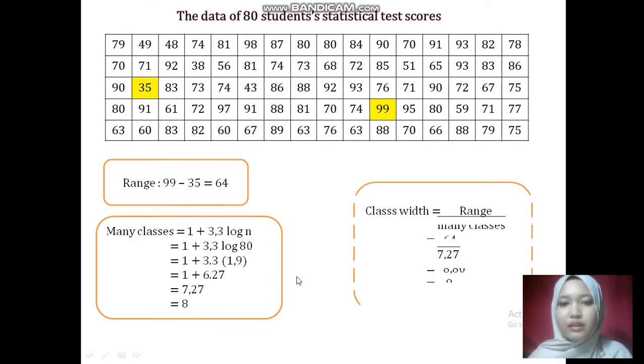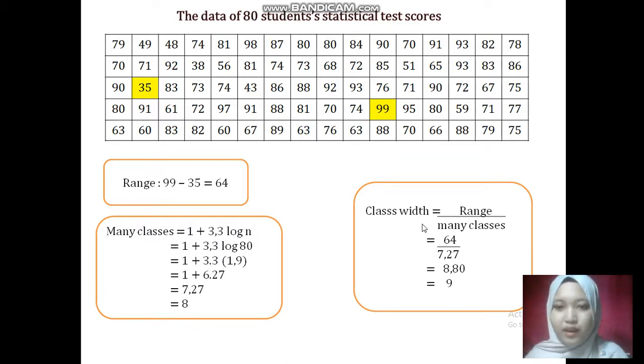And then we need to find the class width. How to find the class width is range divided by many classes. So the range is 64 and many classes is 7.27.